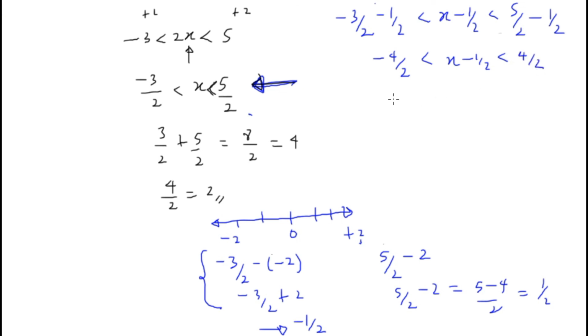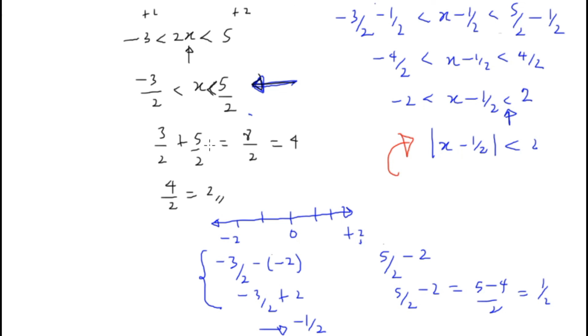So that we'll have something of this nature: minus 2 less than x minus half less than 2. So it means that the absolute value of x minus half is less than 2. So this is the answer to the problem.